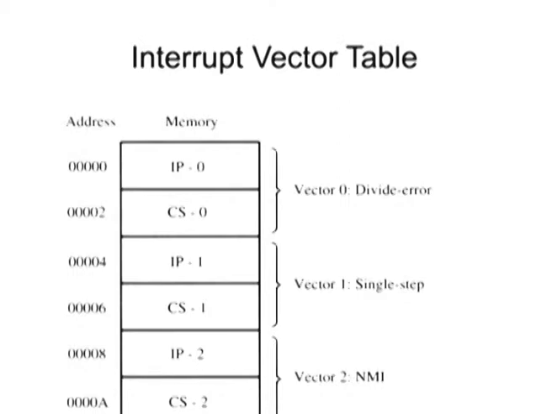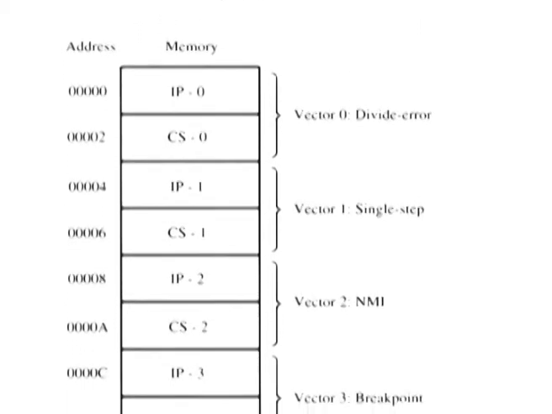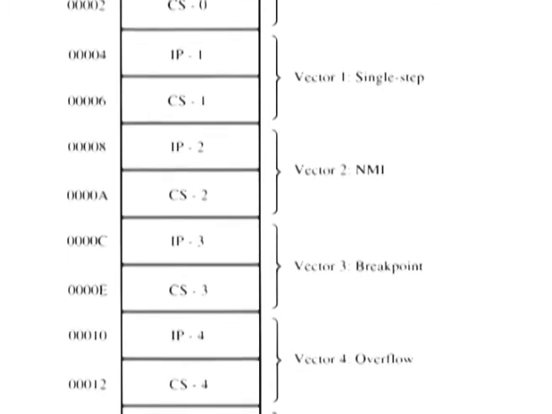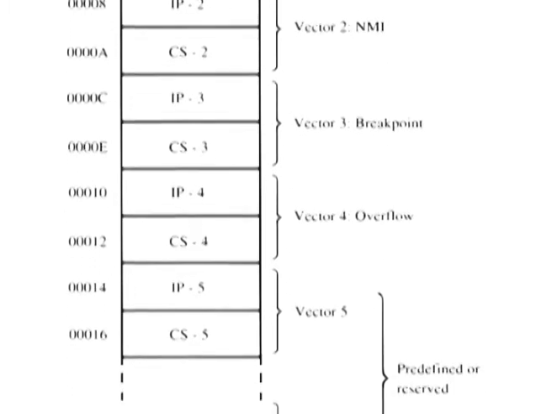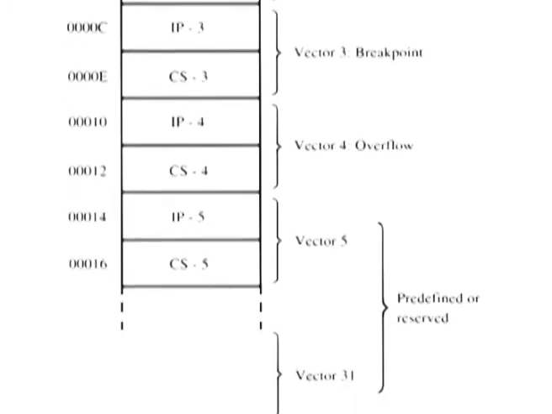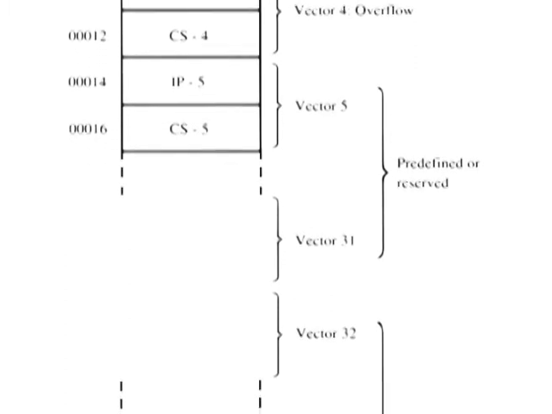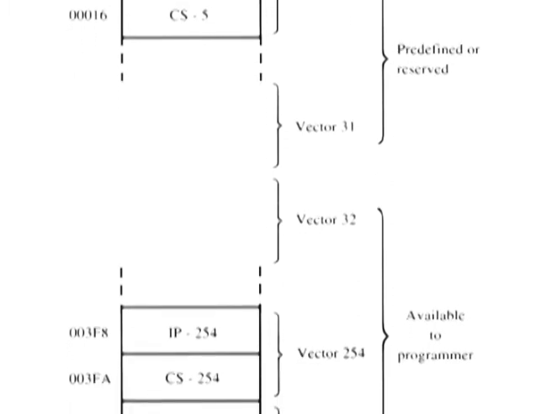In short, every pointer corresponds to a 4-byte register pair. In the register pair, there are two registers. One is instruction pointer, which is called IP in short. Another register is code segment register called CS in short. These two registers are used for transfer of control to the corresponding subroutine in the microprocessor 8088.